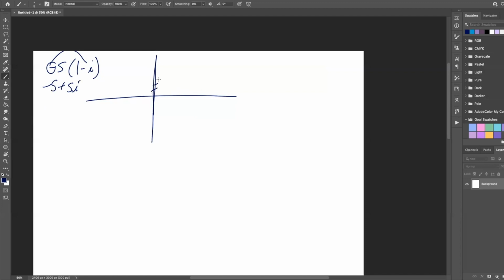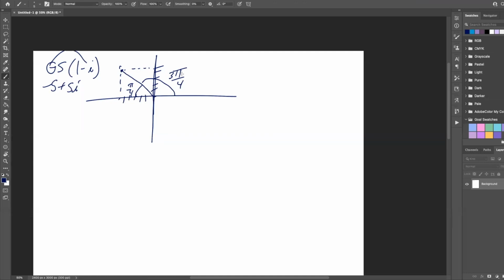So here we're at 1, 2, 3, 4, 5, and then 1, 2, 3, 4, 5. What's this angle right here? We could solve for it, but it's not really necessary. This is pi over 4, because these are the same, and so this angle is 3 pi over 4.